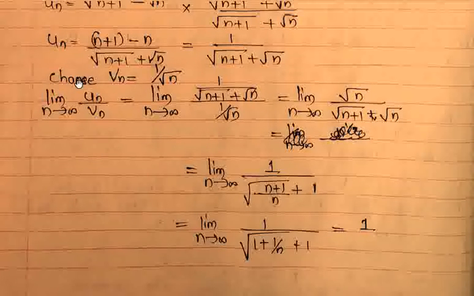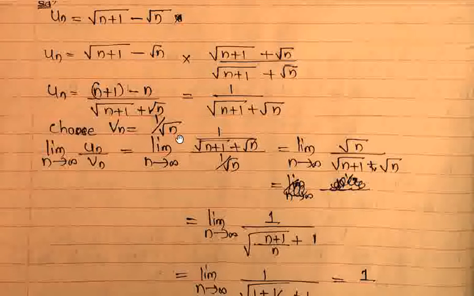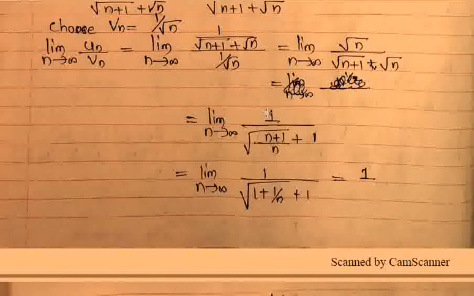So limit as n approaches infinity, un divided by vn. So you take un from here and take vn from here. You multiply root n to the top, and you can make this simpler over here by doing this.